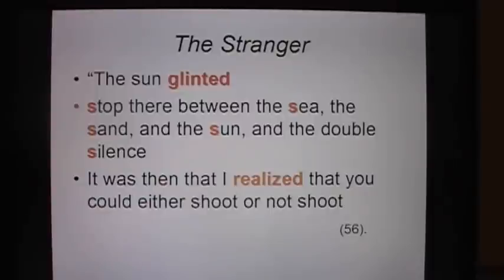Also, it was then that I realized that you could either shoot or not shoot. This is when the main character, again, Meursault, realizes that he has a choice, and it foreshadows that he will make his own decision.